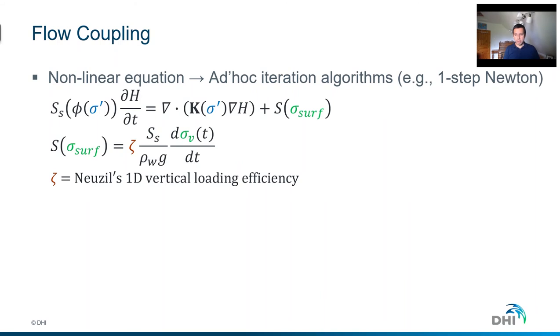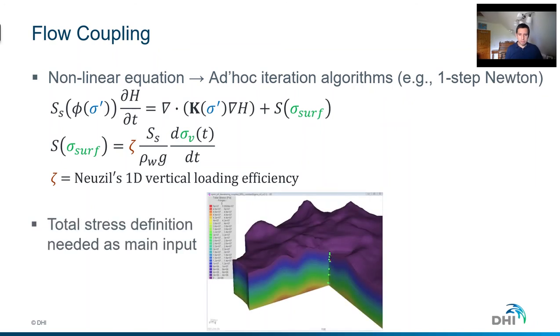Having this information, we are ready to solve the system of equations. This is a nonlinear system because we have a coupling between conductivity, effective stresses, storability, and also porosity. On top of that, if you want to add effects of overburden, we plug in the concept of Terzaghi in 1D to add this information into the system.